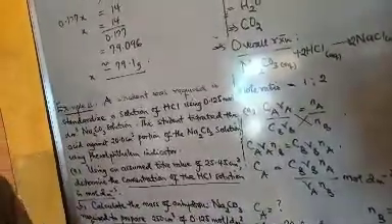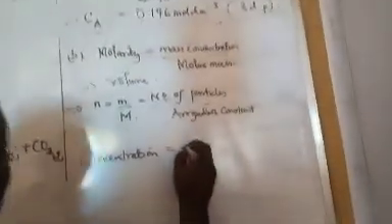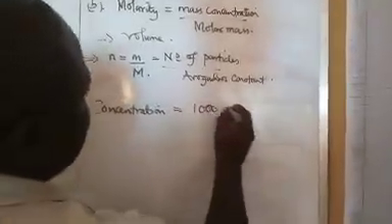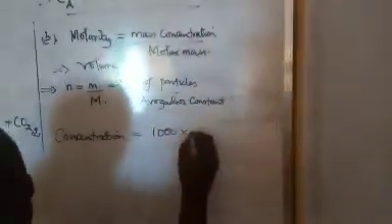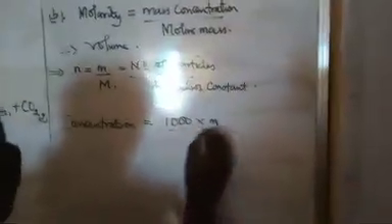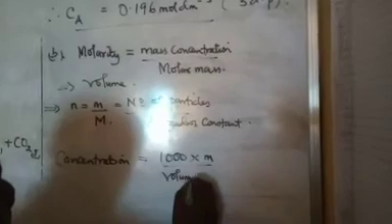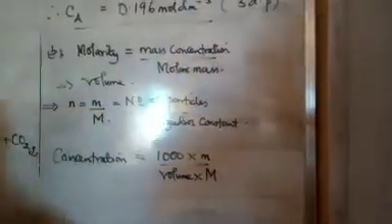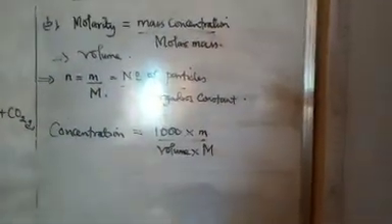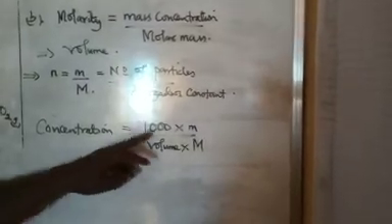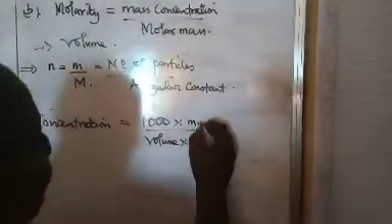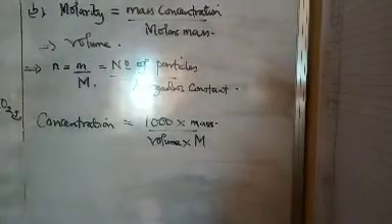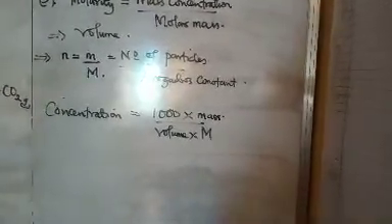What do we do there? To find that, concentration is equal to 1000 times the mass over volume multiplied by capital N. So your concentration here is 1000, that's 1 dm cube, multiplied by the mass over the volume multiplied by the molar mass, that's mole per dm cube.